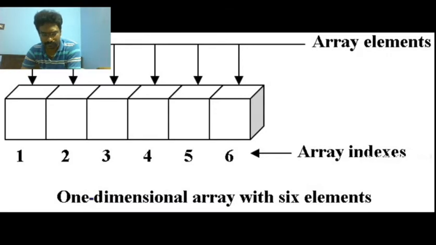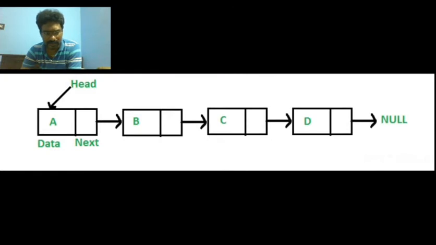And then this is the linked list format of linear data structure. A linked list is a collection of nodes. Each node is capable of holding two data fields. One is the element field, and the other is the next field. The next field is used to hold the address of the next node.